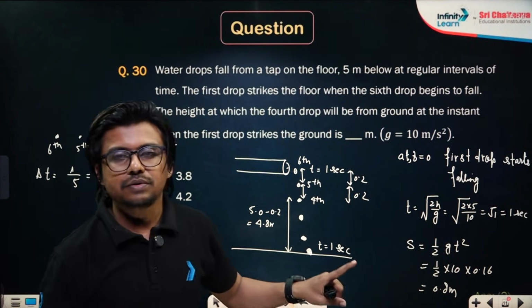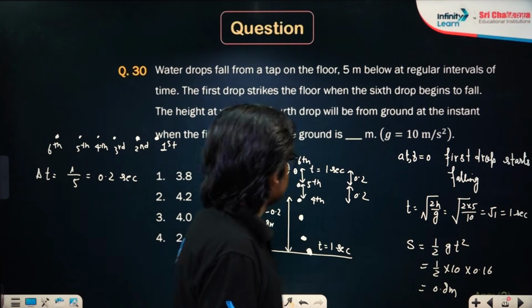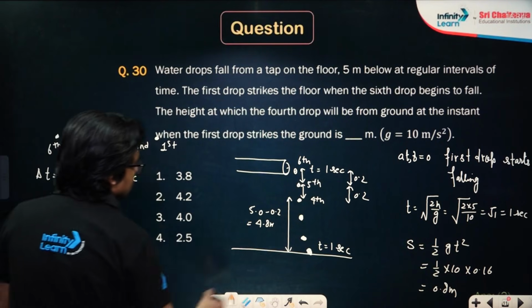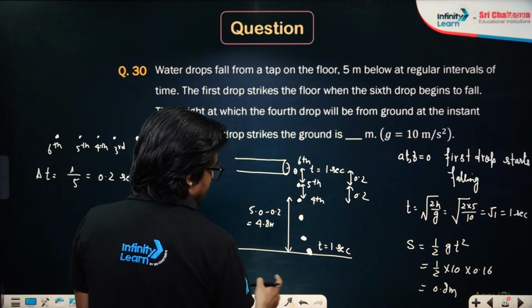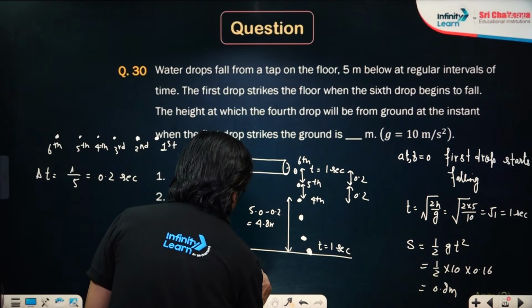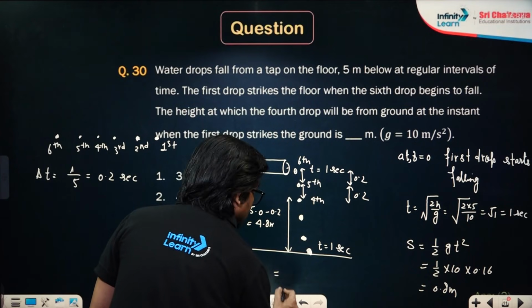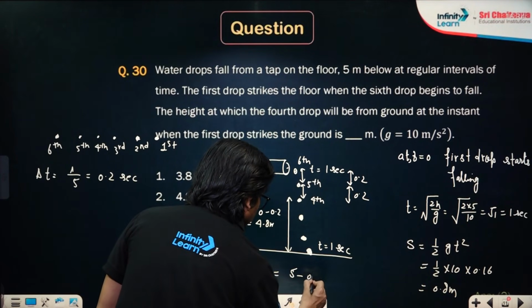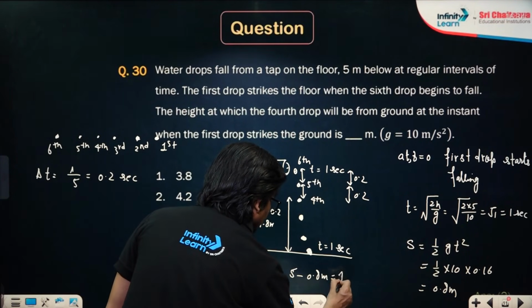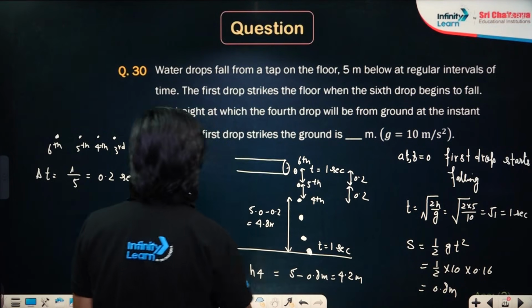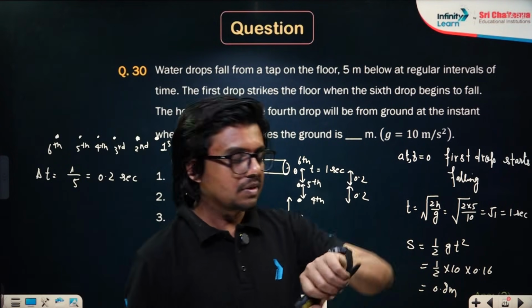And the height of the fourth drop from the ground is 5 minus 0.8, which is 4.2 meter. So 4.2 meter will be the right option.